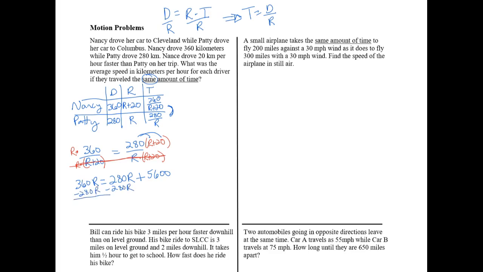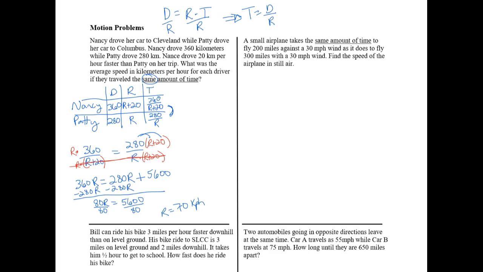So we subtract 280r from both sides. And now I have 80r equals 5,600. Divide both sides by 80 to get the r alone. And r equals 70. And since this is in kilometers, it's in kilometers per hour.